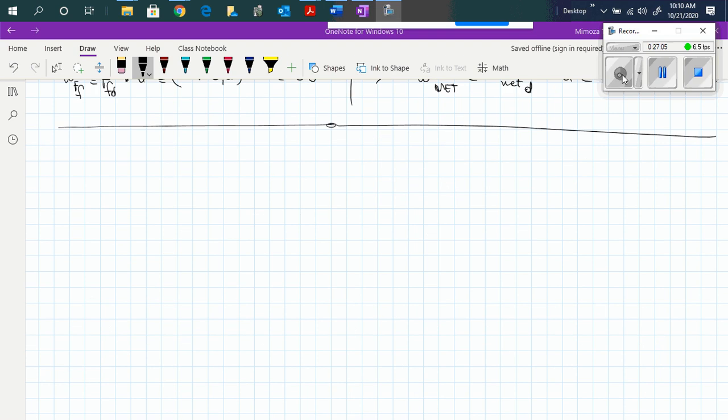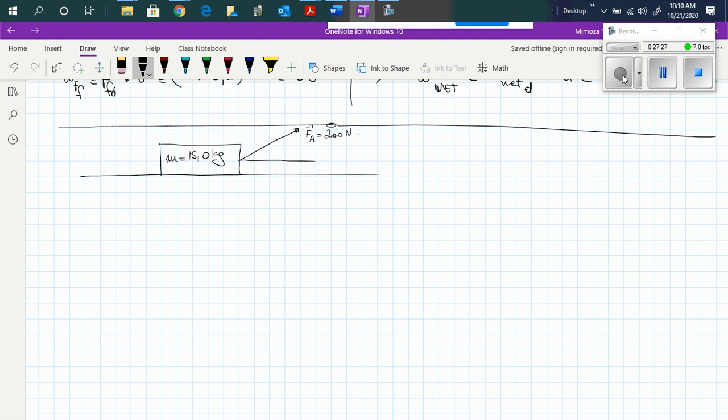Does this make sense? Let's stick with the horizontal surface. And now we have an object that, as a result of the force applied, mass is again 15 kilograms. And then we have a force applied here with a magnitude of 200 newtons at an angle of 20 degrees with the horizontal.